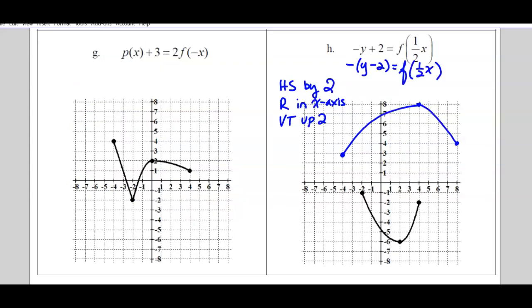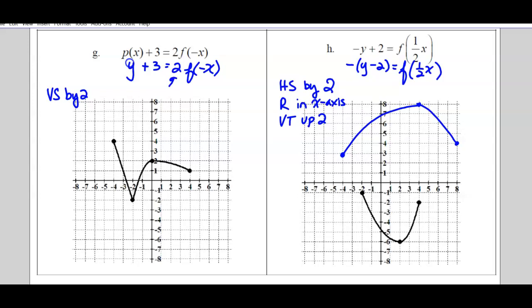Okay, then G, which we didn't do. So again, this is kind of like y plus 3. It's just that our transformed function we're going to call P. So that's in transformation form. All right. There's a vertical stretch by 2, because that's already over there. Oh, actually, this isn't in proper transformation form because of the 2.